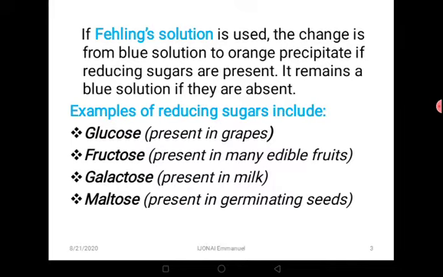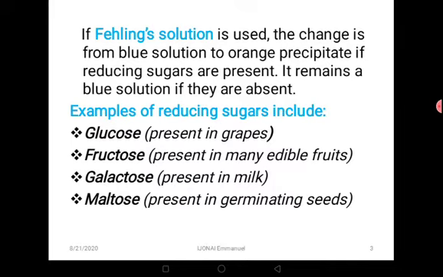So what are those reducing sugars that we are talking about? In actual sense, the reducing sugars we are talking about include glucose, which is found in fruits, in grapes, for example. When a fruit, for example pineapple or grapes, is crushed, you can squeeze juice from it, and that juice contains some glucose. Fructose is found in edible fruits as well.